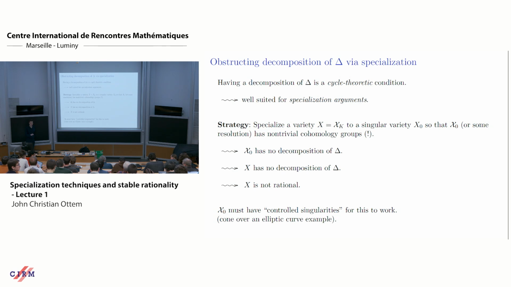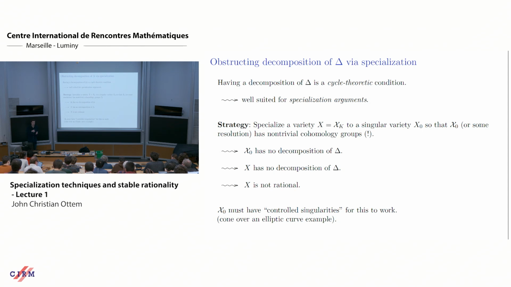This is a very subtle argument. If you try to apply it to the elliptic curve example, then you have a family of rational varieties. So these cubic surfaces that we had, they specialize to a cone over an elliptic curve. So of course, cubic surfaces do have a decomposition of the diagonal, but a cone over an elliptic curve does not have that.